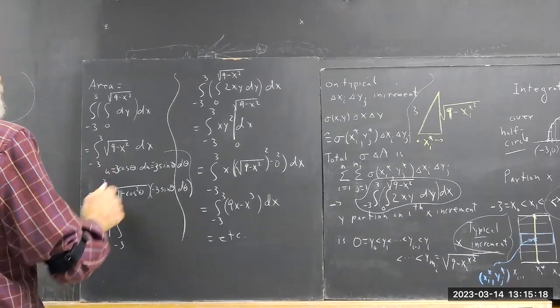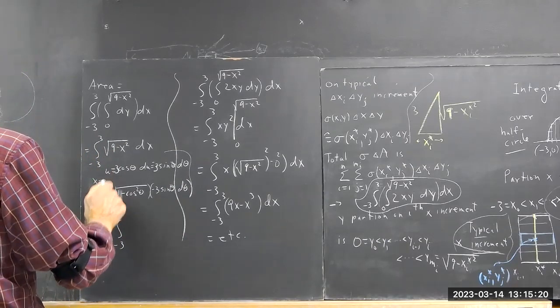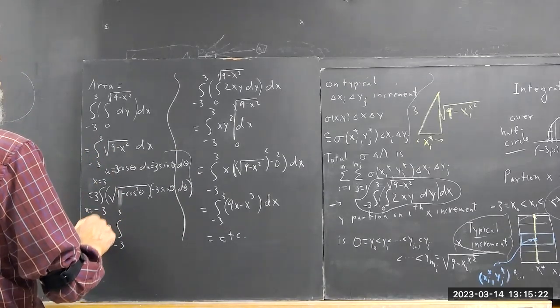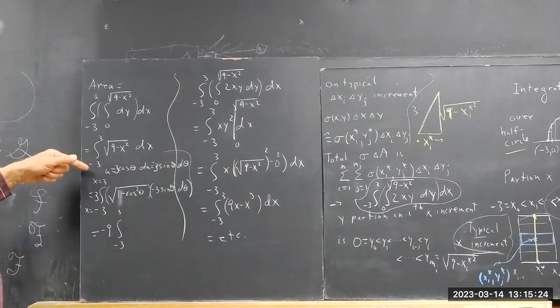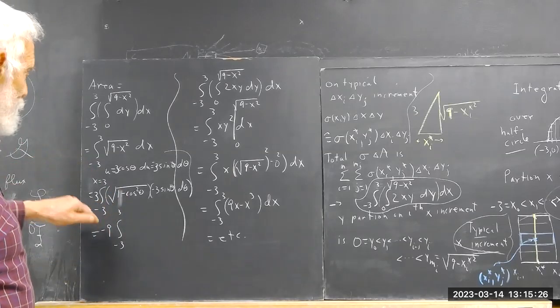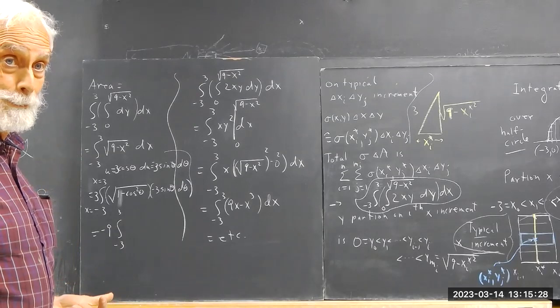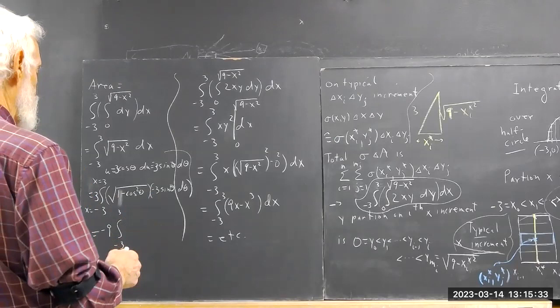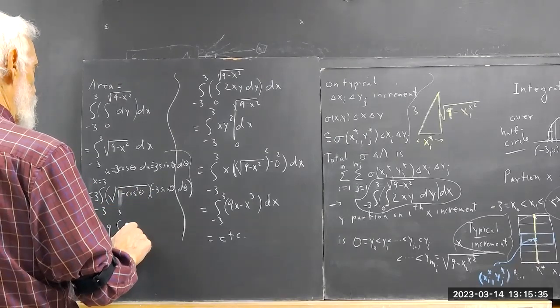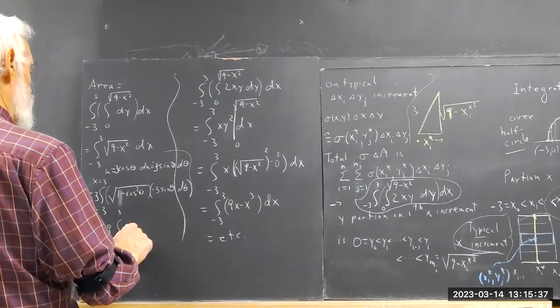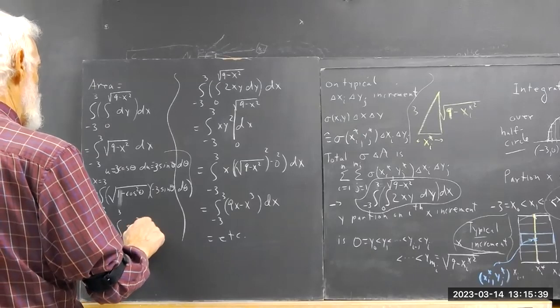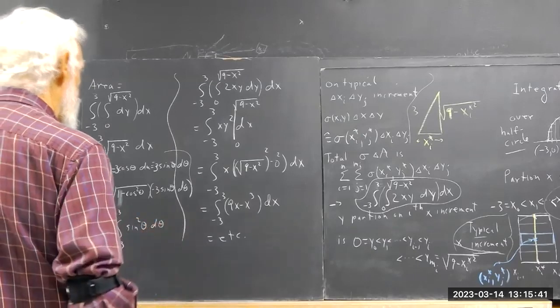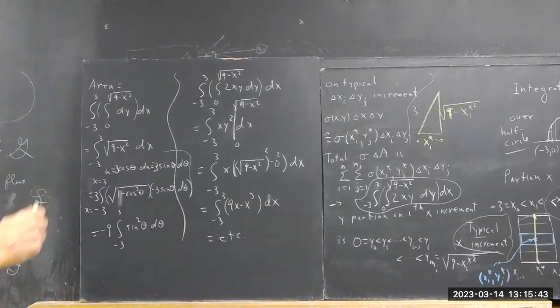And since I've done the substitution, I want to say x equals negative 3 to x equals 3, just so I don't think that theta goes from negative 3 to 3. We'll figure out what to do when we get there, but this is going to give us negative 9 sine squared theta d theta.